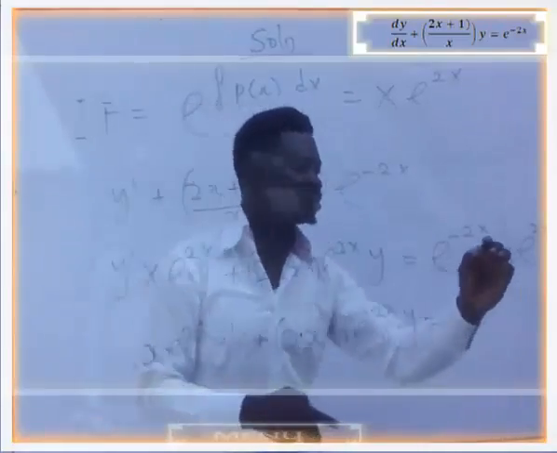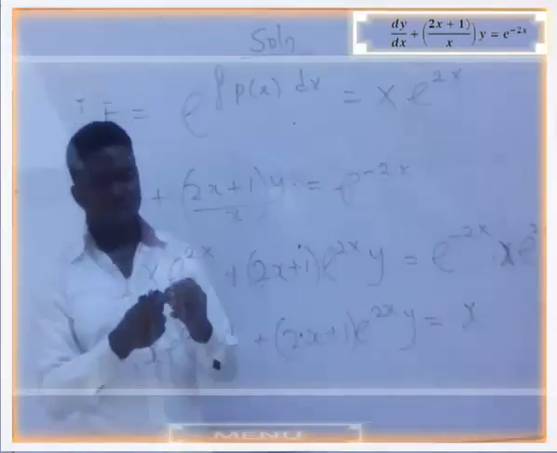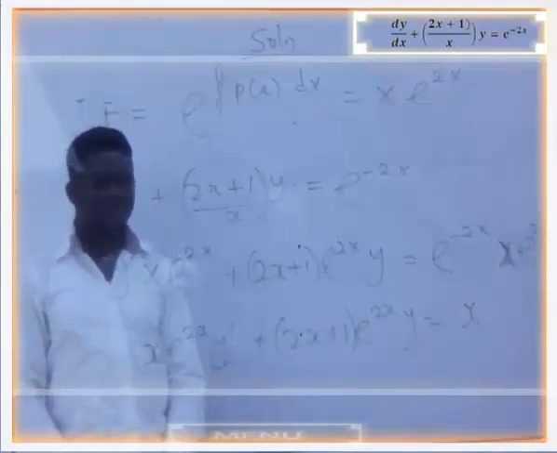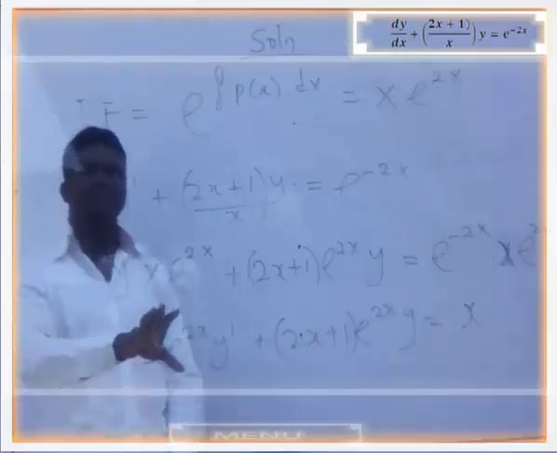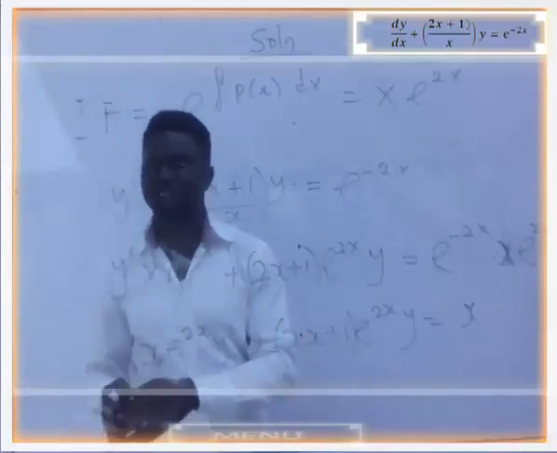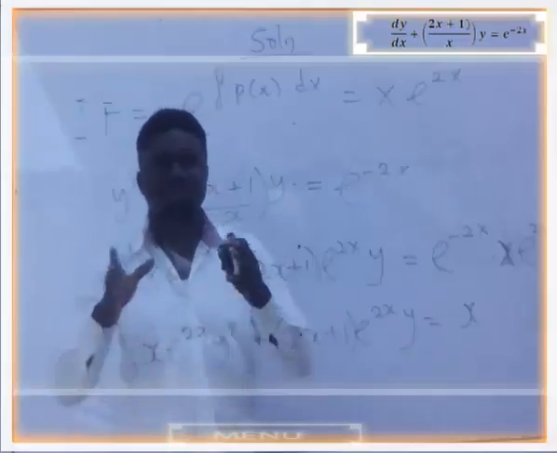So x is just the stuff left. With this, I should figure out the function, which is the second step now. The second step is solving the linear differential equation.